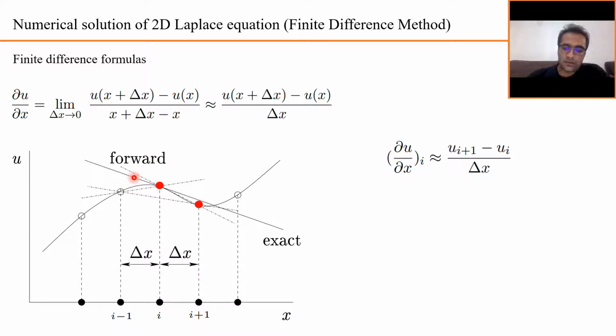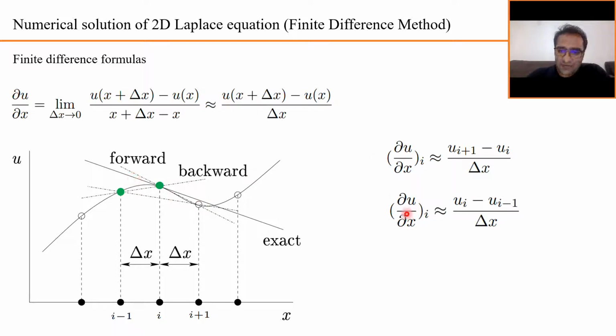Then, in the other way, we can also define the derivative of the function with respect to x at the point i utilizing the previous point. I mean, the derivative at this point is just the value of the function at the point i minus the value of the function at the previous point divided by this interval, and it is known as the backward finite difference.